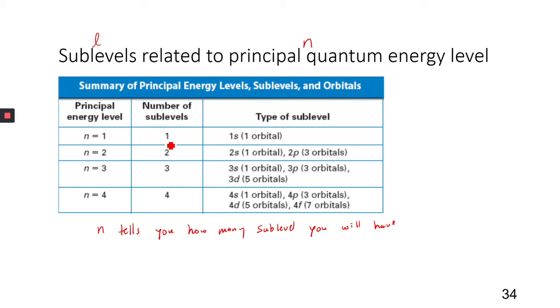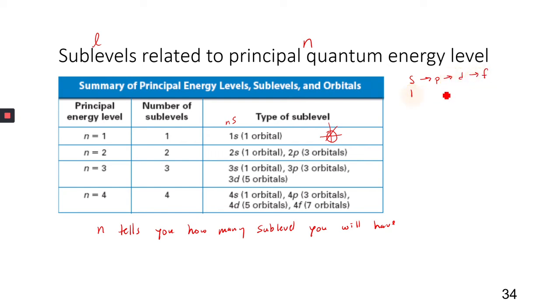So look here, when n is 1, you have one sublevel, and it's called the 1s, where the number here is n. And there's always one orbital within your s, because remember your s, no matter how you draw it, it always looks like a sphere. When n equals 2, you could have an s and a p. So we're always starting at our low energy and then working our way up.